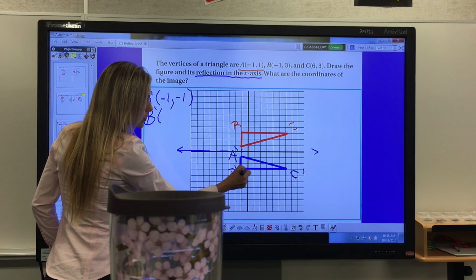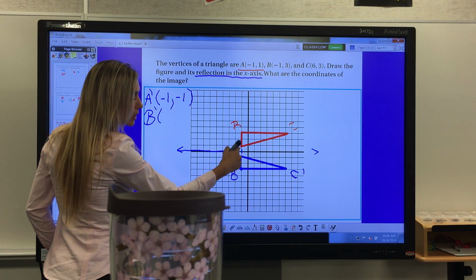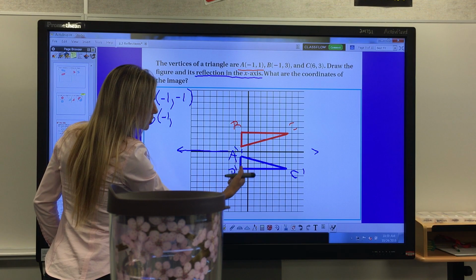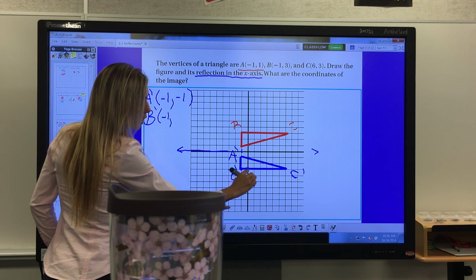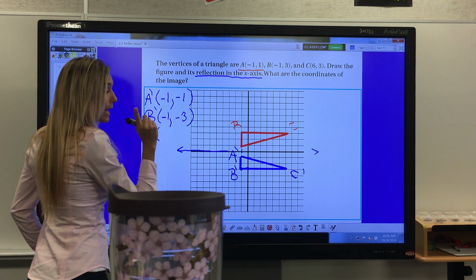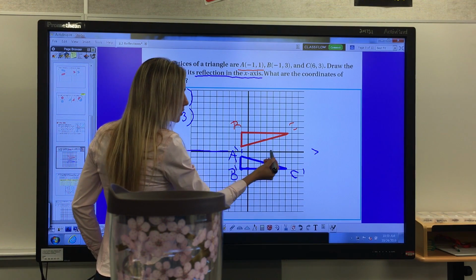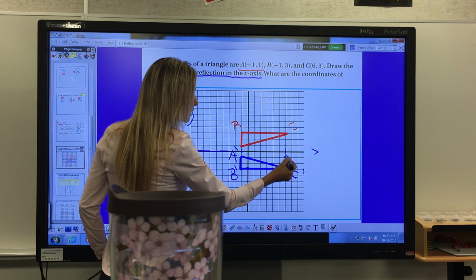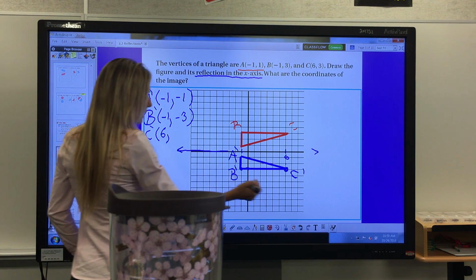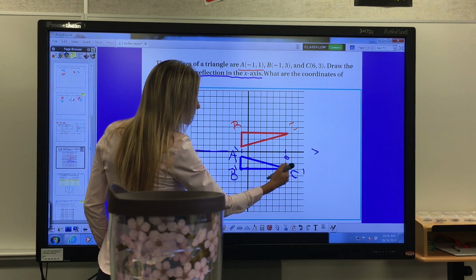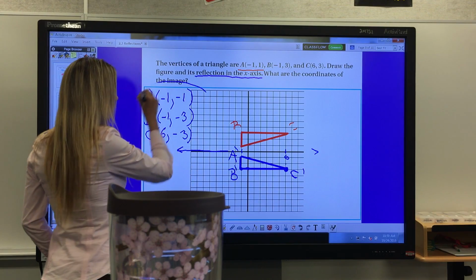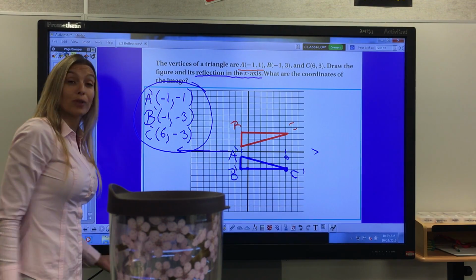Point B prime, which is over here, also -1 on the x-axis, and then we went 1, 2, 3 units down, so in here is -3. C prime, x first, 1, 2, 3, 4, 5, 6, right? So it lies on 6 on the x-axis, and then how many units down did we go? 1, 2, 3, and that is -3. Here are the new coordinates of the reflected image.